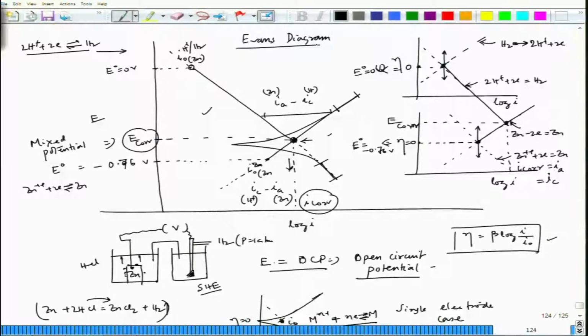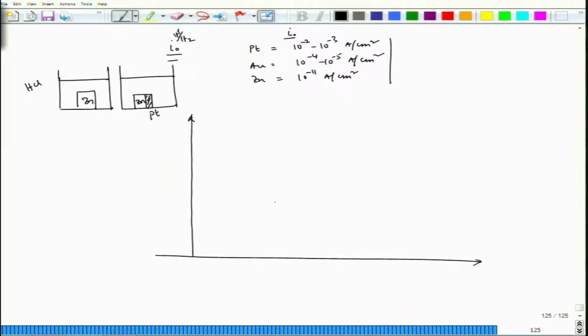These Evans diagrams are not the practical diagram, which is I applied versus potential or potential versus I applied. This is basically potential versus log I as per the polarization or the Tafel equation. We will not consider here what happens if we go on the positive side or negative side and what would be the variation of I applied.